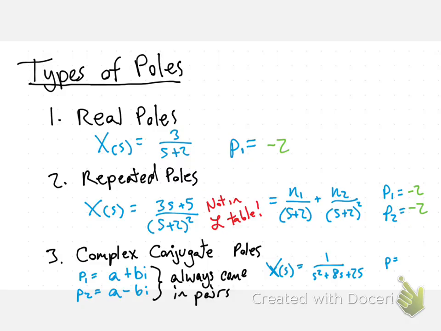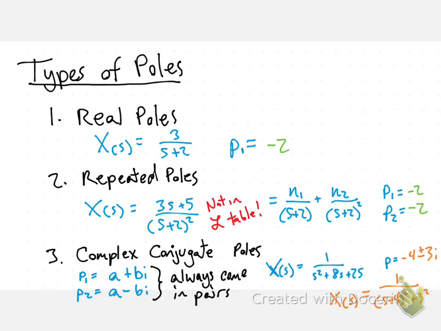An example of this might be x of s is equal to 1 over s squared plus 8s plus 25. If you want to try on your own, you could press pause here and do the quadratic equation. If we do that, we're going to find that the pole is located at negative 4 plus or minus 3i.